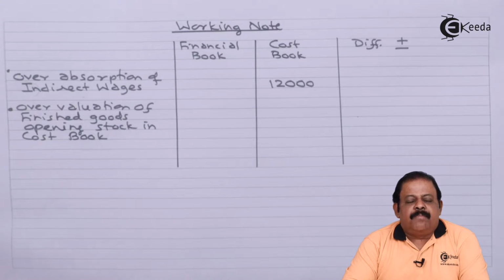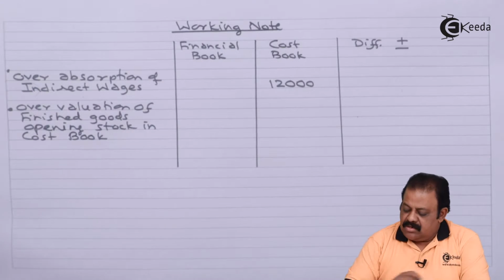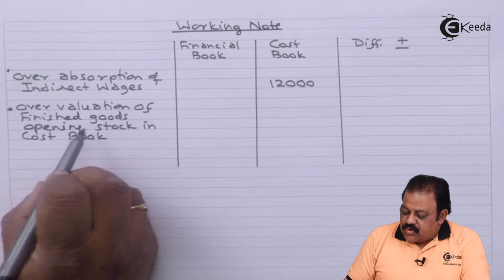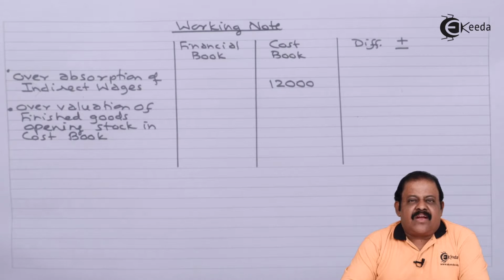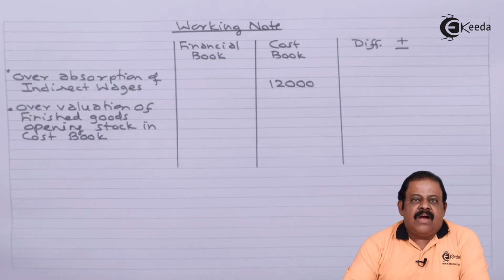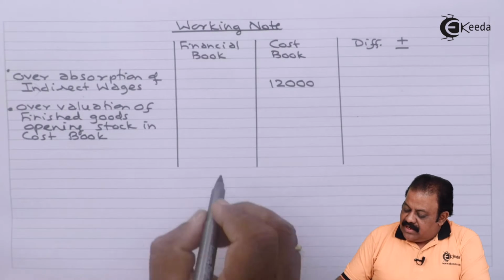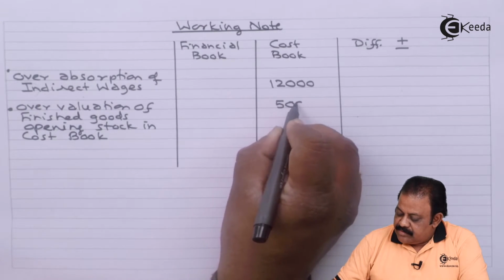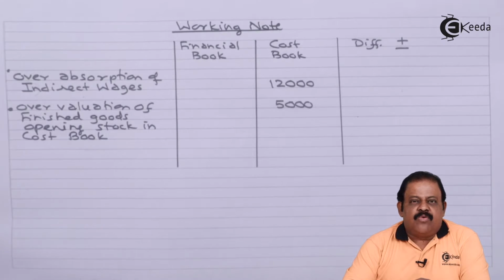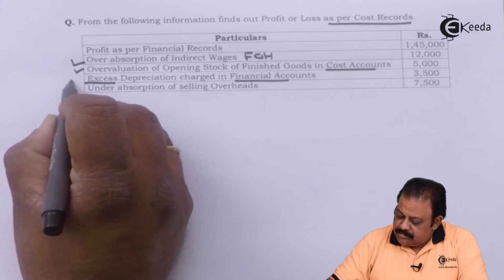So effect of opening stock is like an expense. Overvaluation of finished goods opening stock in cost book. That means this is recorded as more expense by rupees 5,000. So we'll record here in cost book column 5,000, which is more than as in financial book.